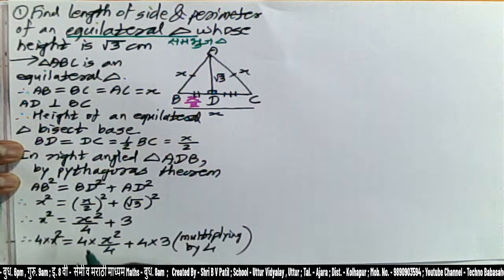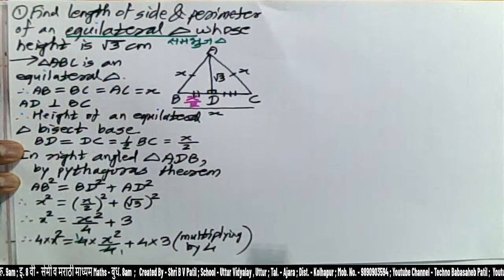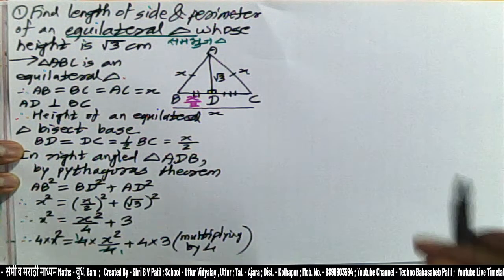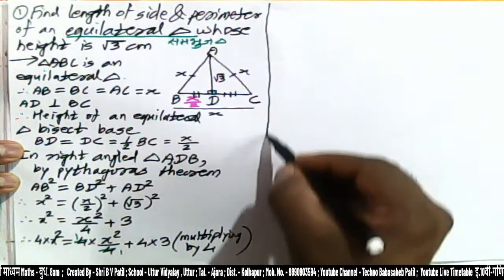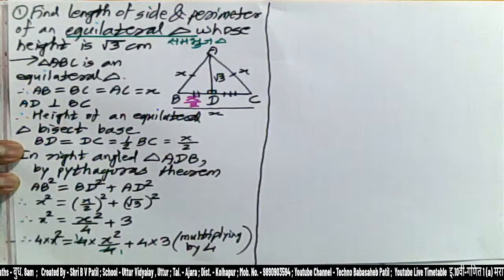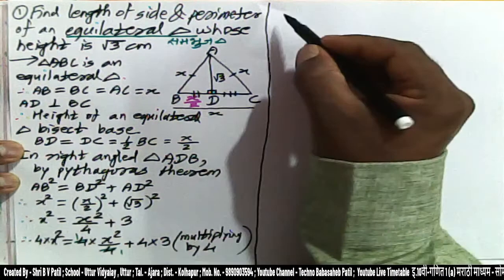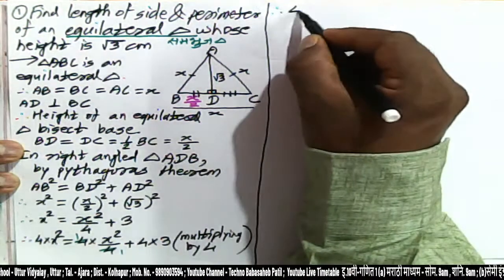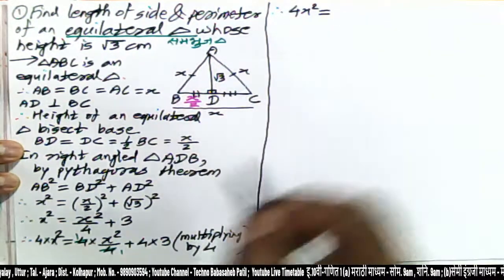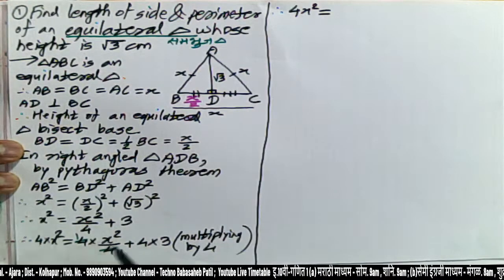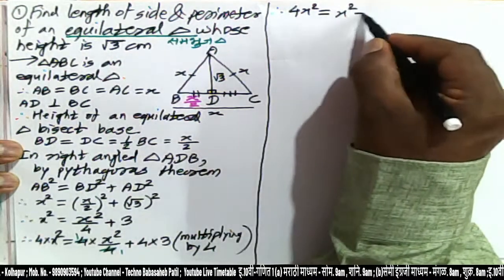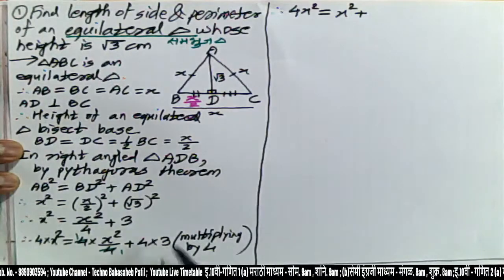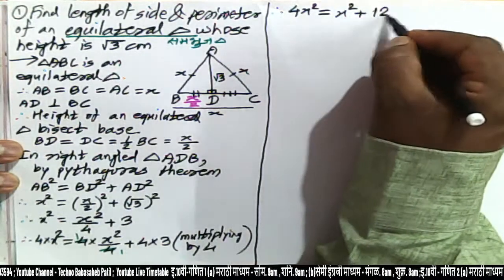Then 4 1s are 4. Therefore 4x square is equal to x square remaining, plus 4 3s are 12.